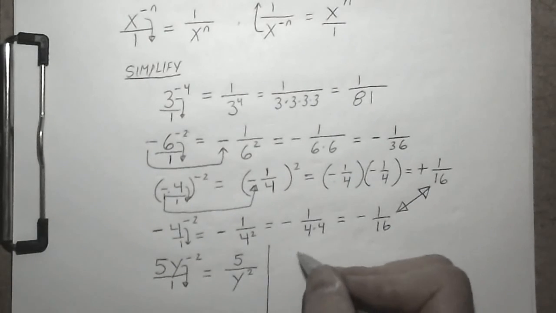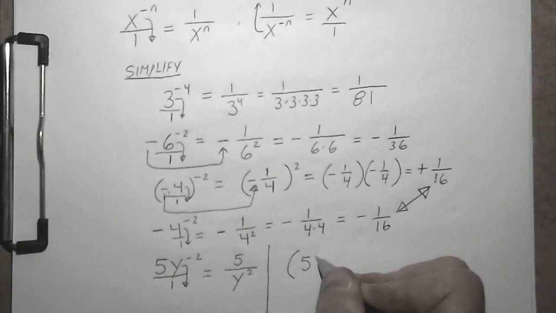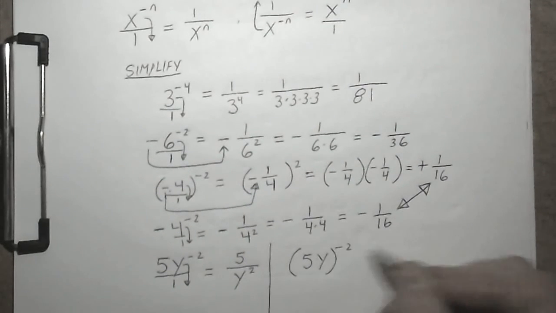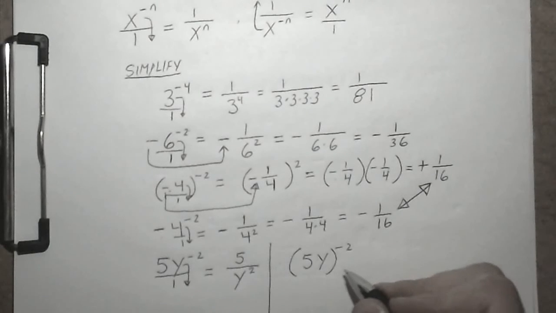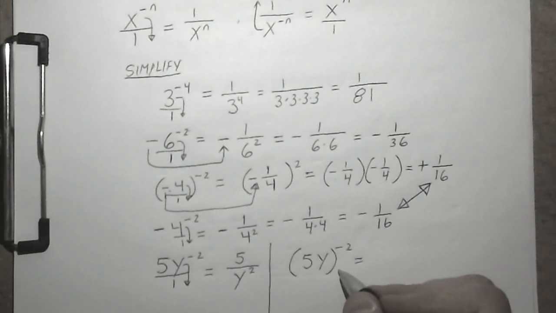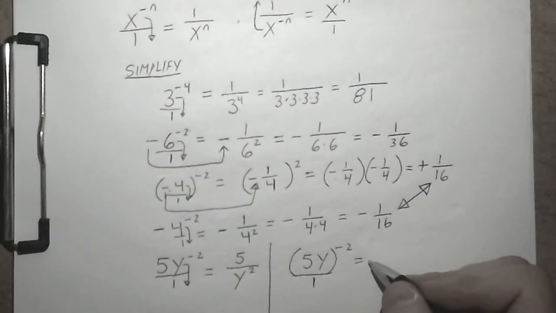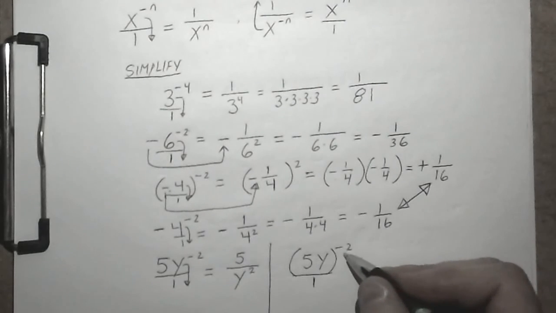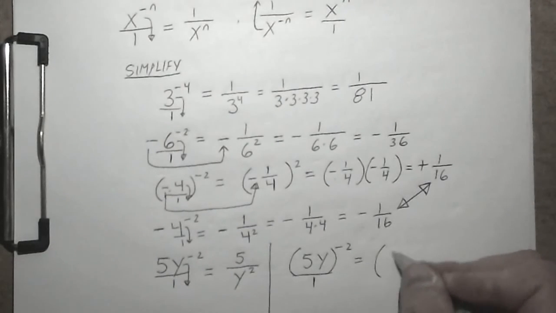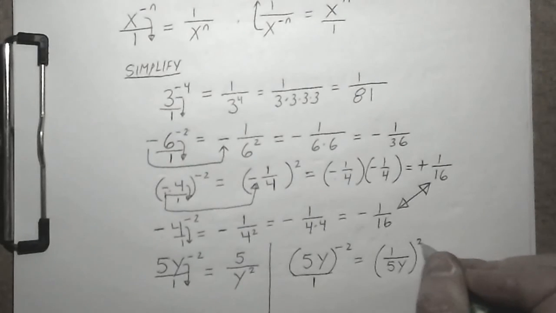Contrast that problem with this one here. If I have 5y inside parentheses raised to the negative 2 power, now this is saying something different. This whole quantity is understood to be over 1. So to get rid of the negative exponent outside the parentheses, everything inside the parentheses must be reciprocated down into the denominator, in which case we'll have 1 over 5y raised to now the positive 2 power.